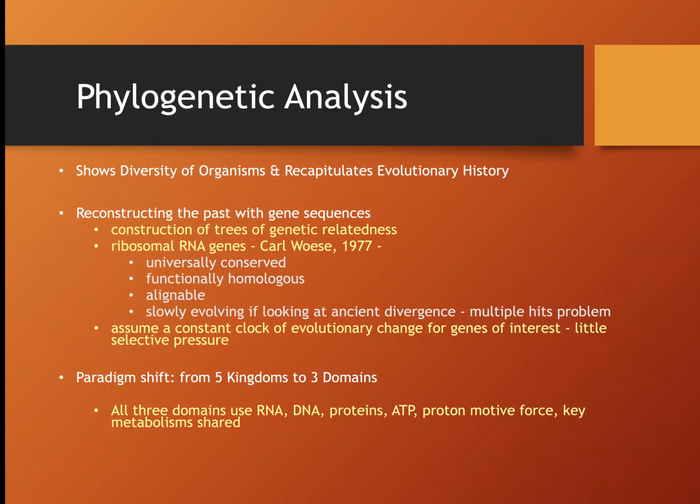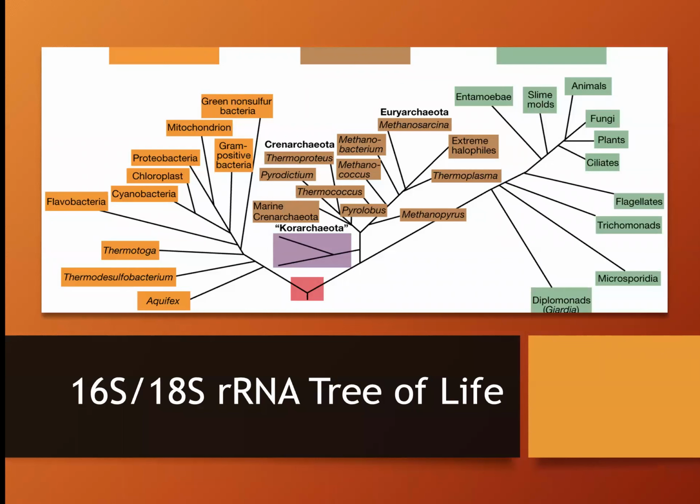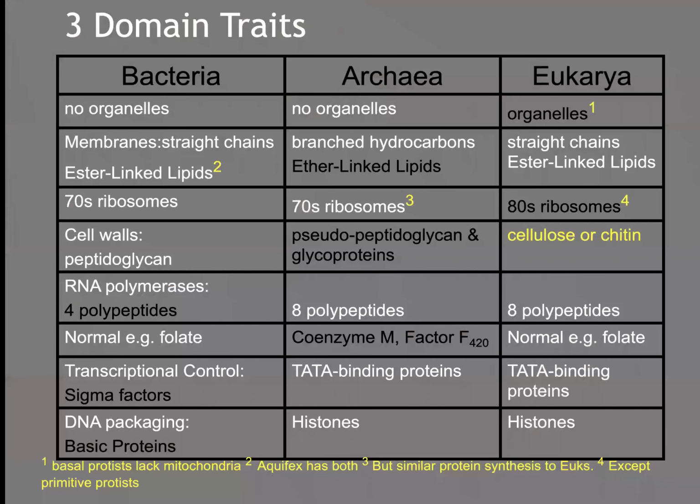So he was early on in the system there. That really revolutionized our understanding of biology, which doesn't happen very often, right? So then we ended up with this 3-domain tree of life. Okay. All right. I think we are out of time almost.